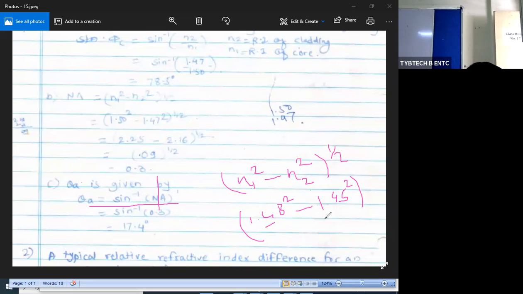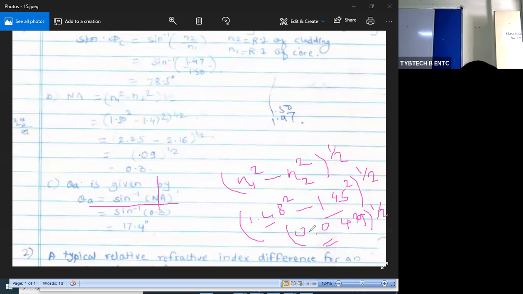Process this first. The answer will be 0.0439, and take its bracket raised to 1/2. That will be the answer of your numerical aperture.